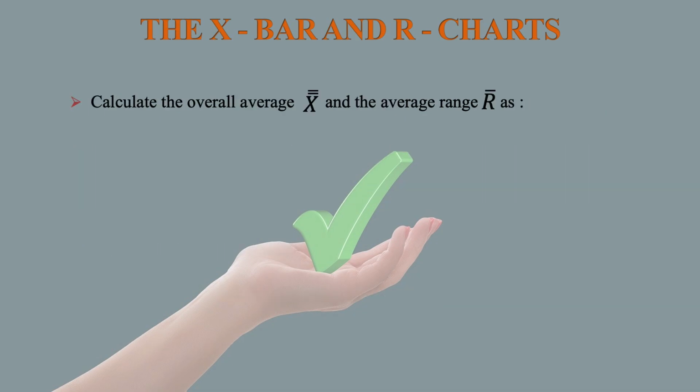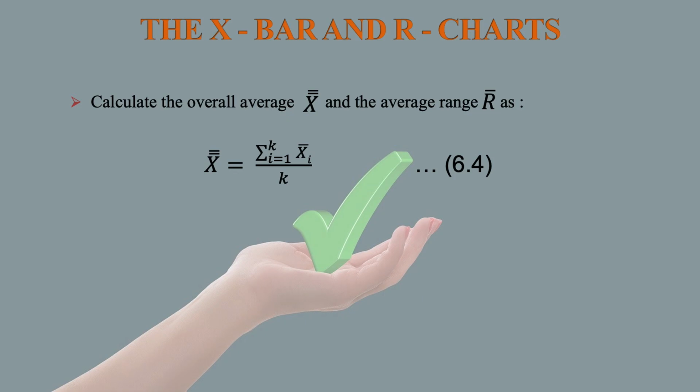Calculate the overall average, that is X double bar, and the average range, that is R bar. X double bar is equal to summation of Xi bar, starting from i equal to 1 to K, whole divided by K. In that way we will get the X double bar, that is the mean of all means.